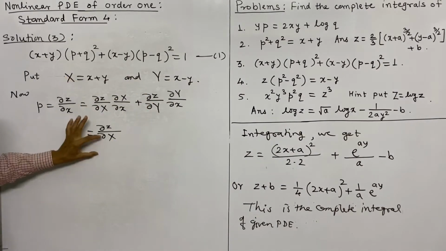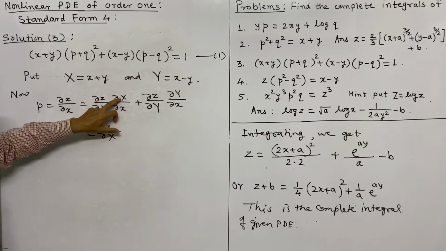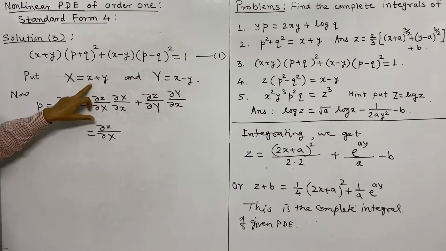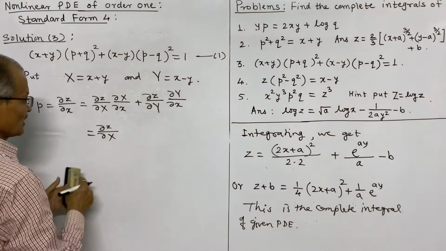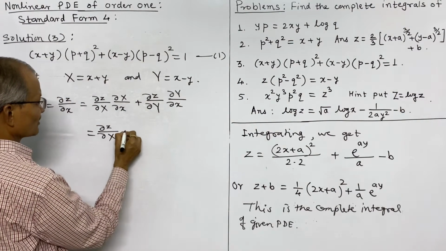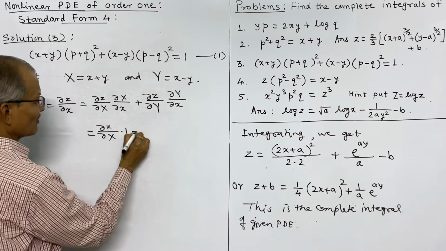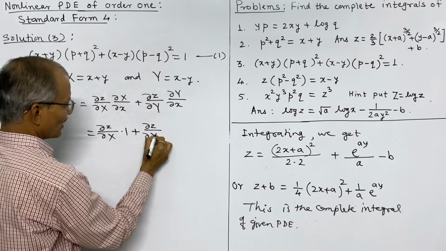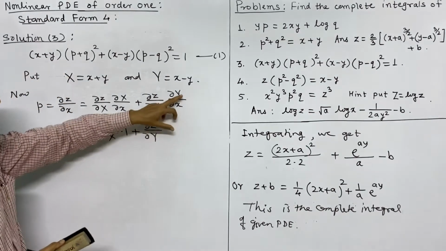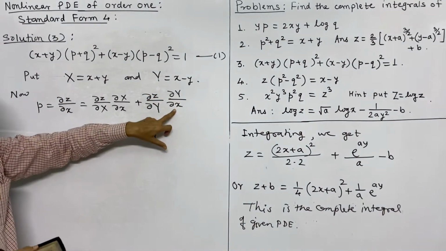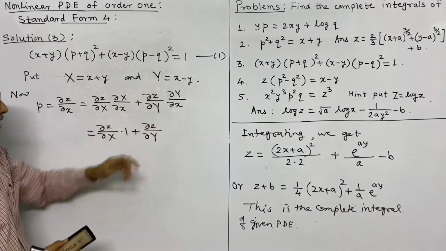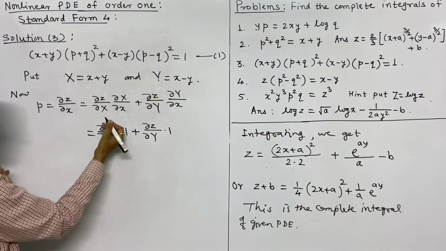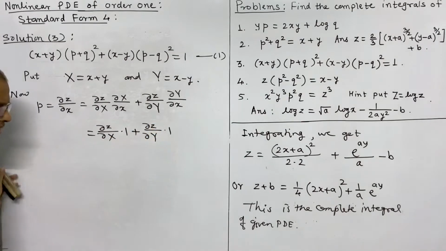The partial derivative of capital X with respect to x is 1. And the derivative of capital Y with respect to x, partial derivative, is 1 again. And thus it is simply dou z by dou capital X plus dou z by dou capital Y.